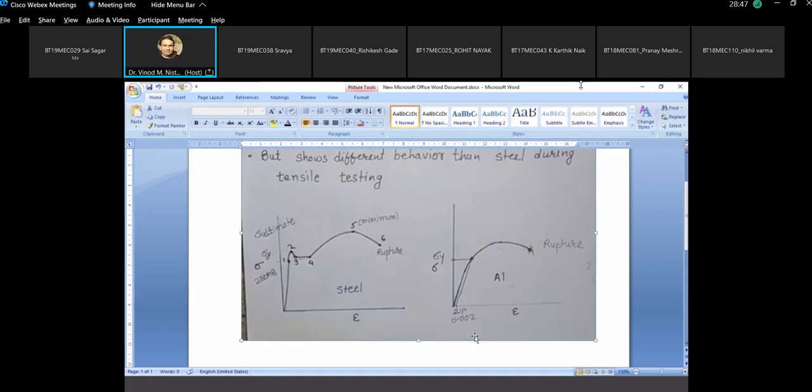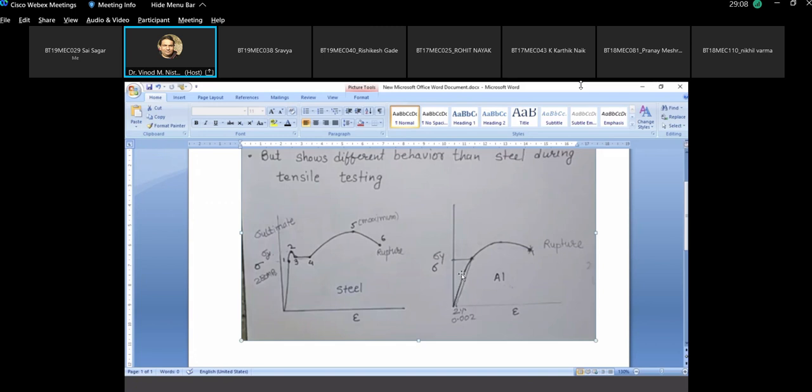So to define the yield point, a method is used in which the 0.2% strain value, that is 0.002 strain value, is used, and at this strain value a line parallel to the proportional line is drawn.